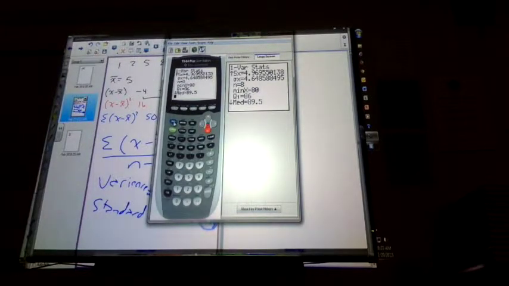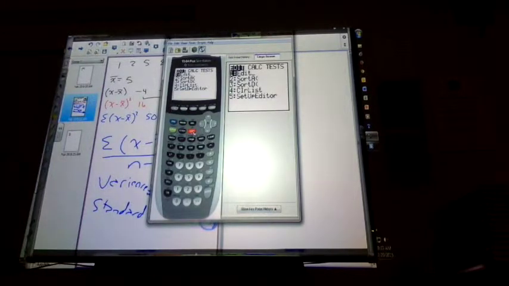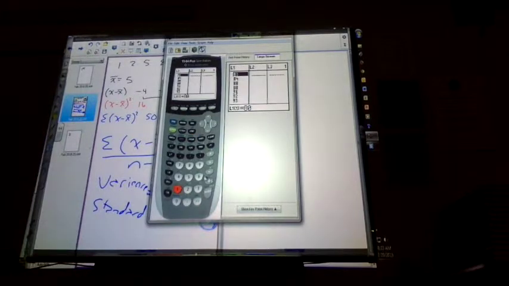The mode, the mode is the most occurring number. So this doesn't always show the mode, but what you can do is if you go into Stats, and I'm going to sort into ascending order, list 1, and hit enter. Now if I go back to Stat Edit, my data is going to be in least to greatest order.